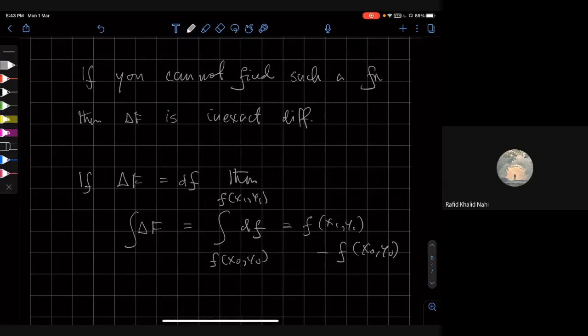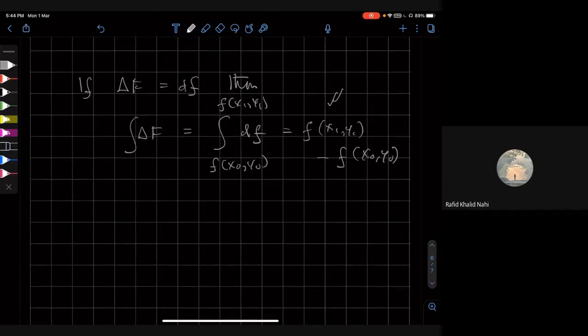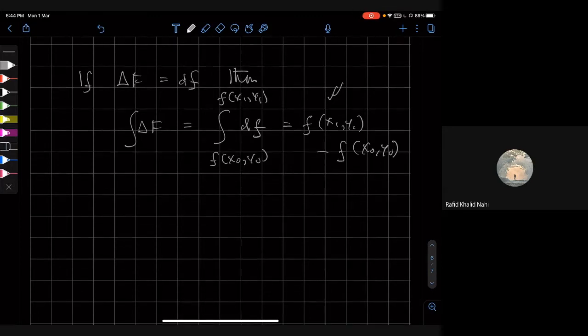This says that the value of these functions does not depend on the path by which we got to that value. This function only depends on the position. So for an exact differential, it follows that if you do a path integral over a closed path, it is 0.